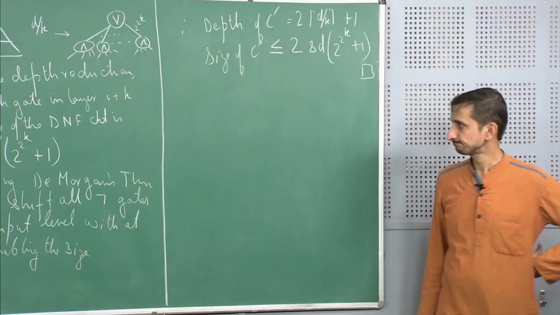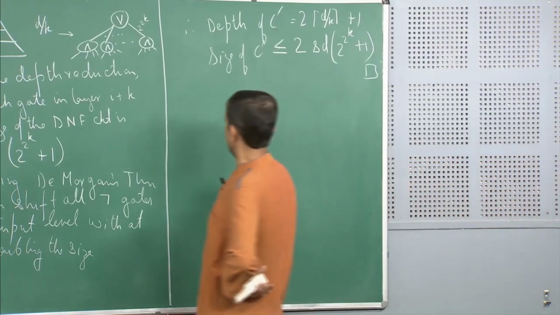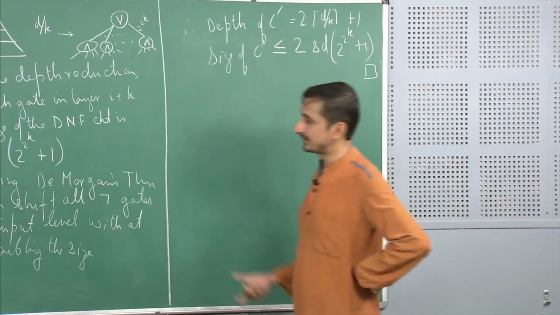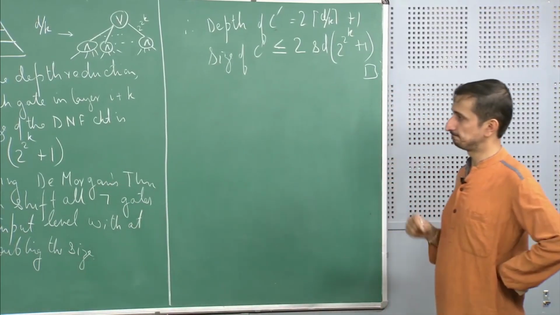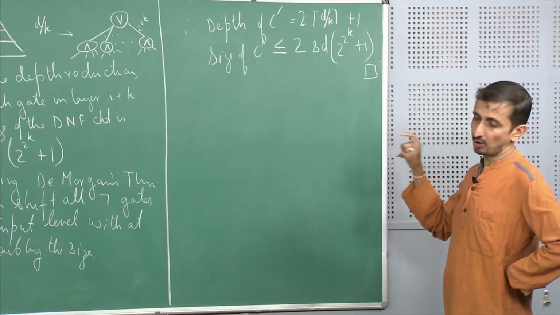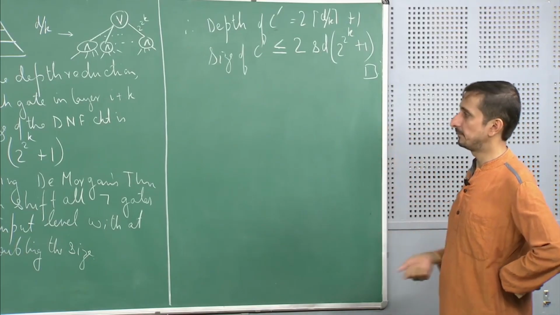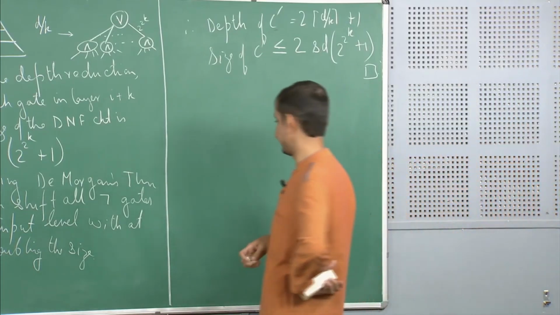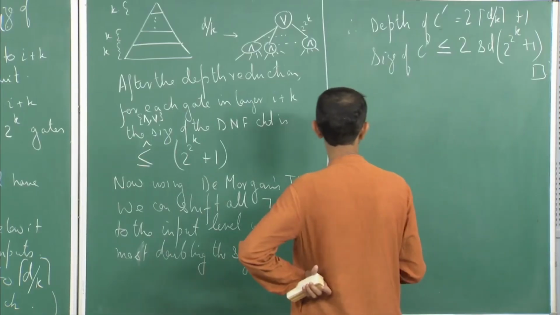Okay. So, as I said, the idea is actually quite simple. It is just replacing some small depth with a corresponding DNF formula or DNF circuit.